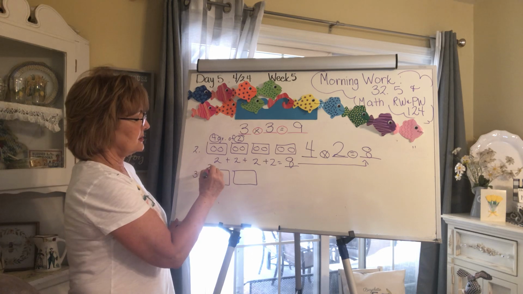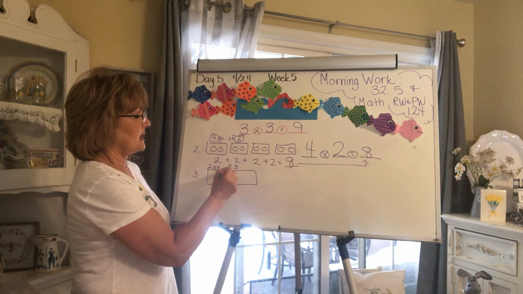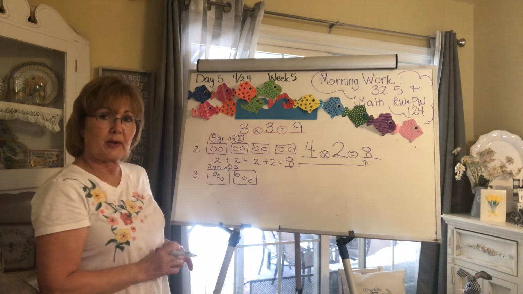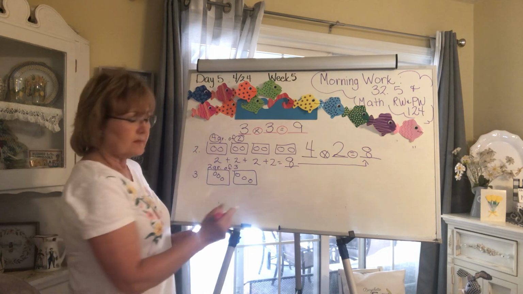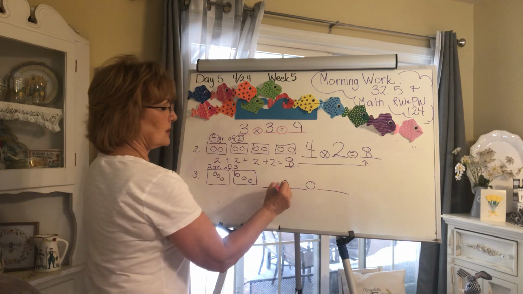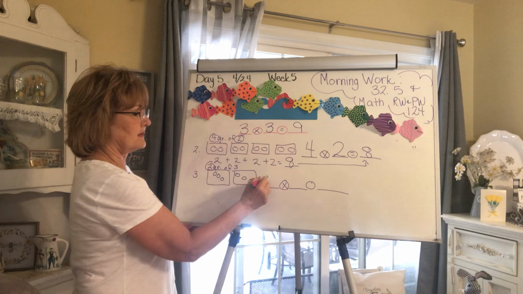Okay, number 3, it says 2 groups, so draw 2 groups. So it's 2 groups of 3. So you have 3 in each group, right? 2 groups of 3. You draw that out. And we know we're going to multiply because we have the same amount in each group. How many groups do we have? 2.